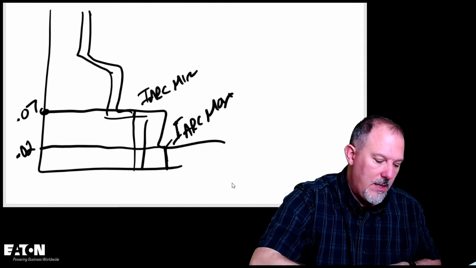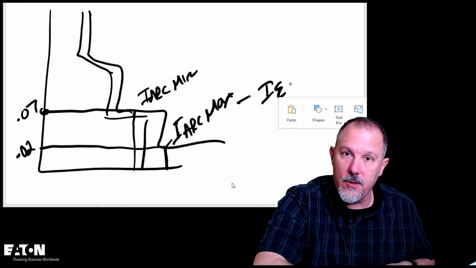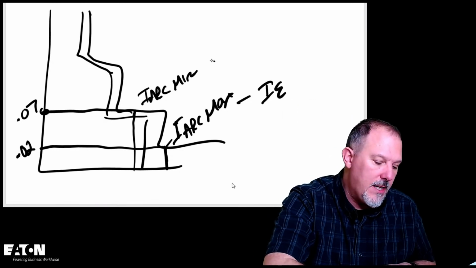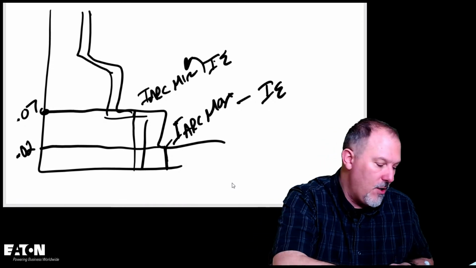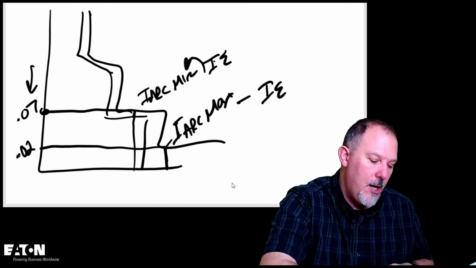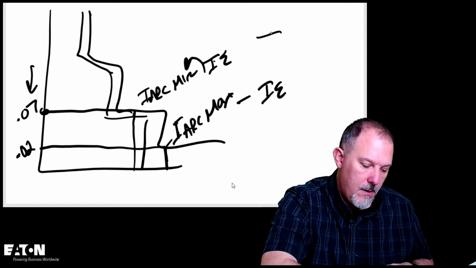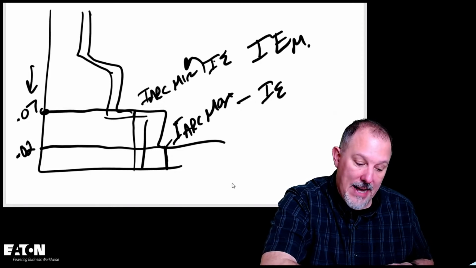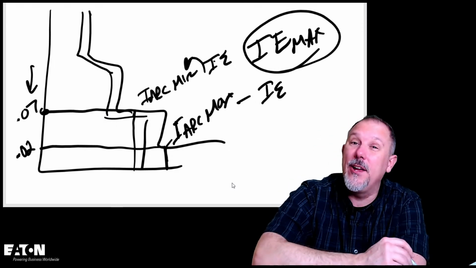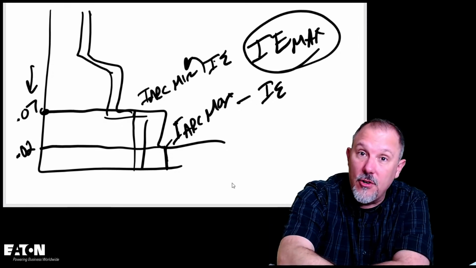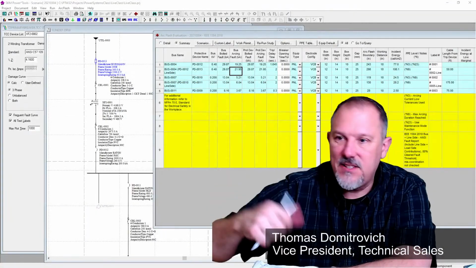What we would do is calculate incident energy for each value of arcing current with its clearing time, and we would take the maximum incident energy, which could be generated by the lower arcing current at the longer clearing time. Right? Now, let's go back to this.